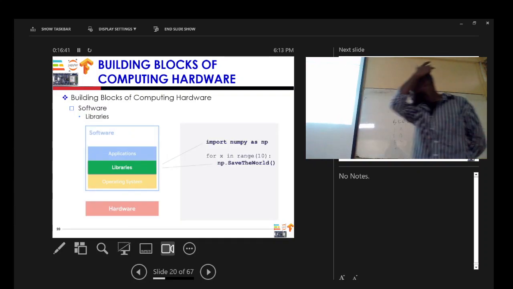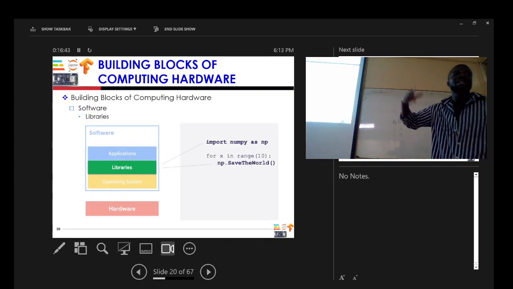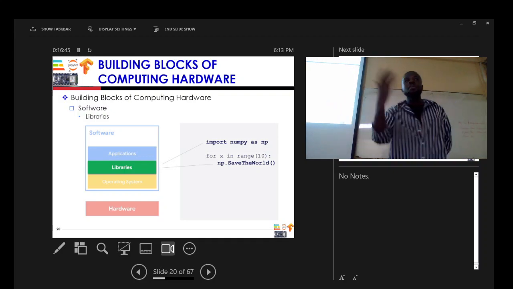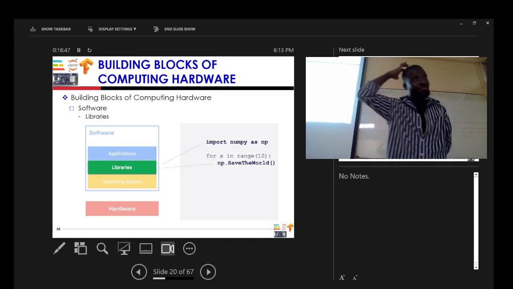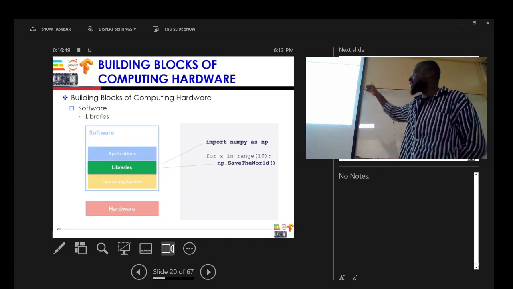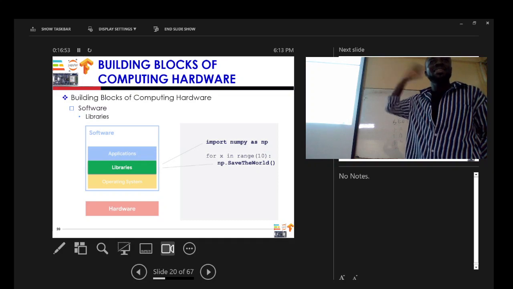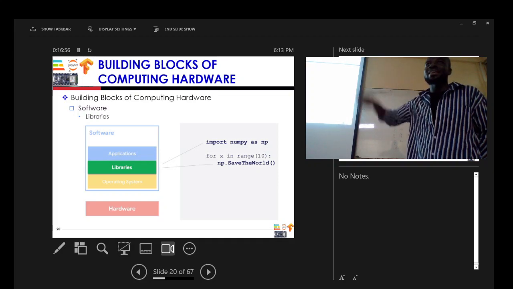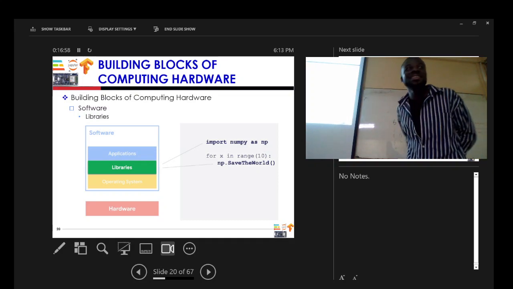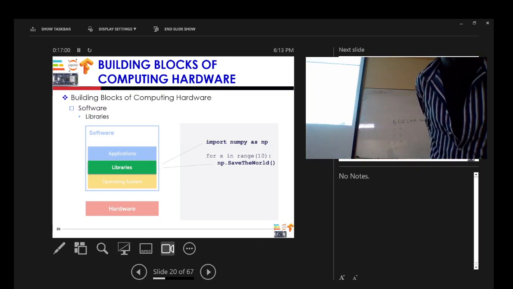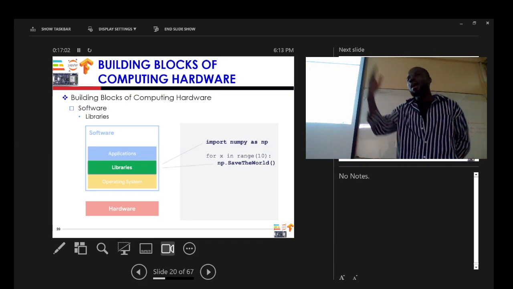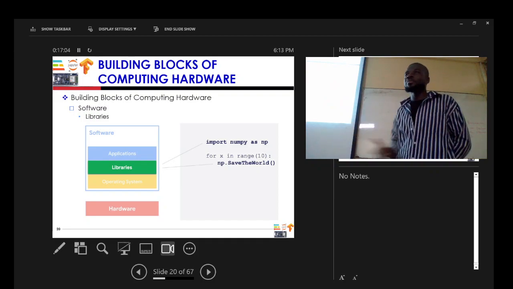Now, next, from the applications, we have the libraries. I said the libraries help you run the software, right? I think I talked about the NumPy library before. What does it help with? Arrays and matrices.